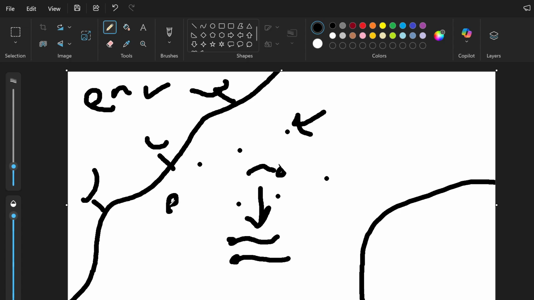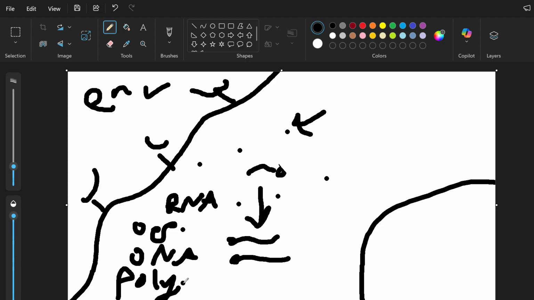Now this is RNA-dependent DNA polymerase. So that's the first thing that happens.